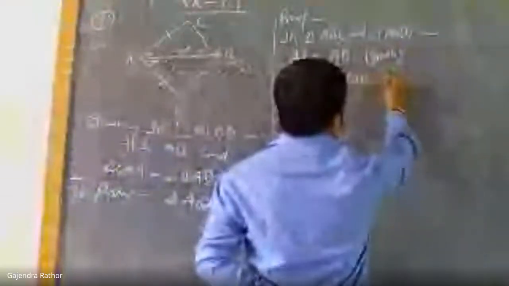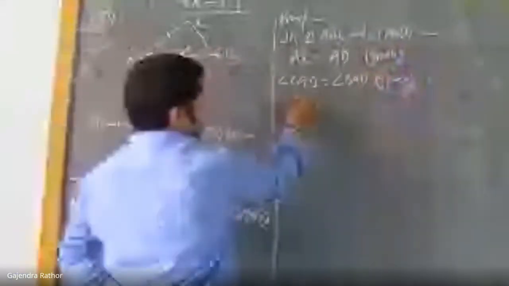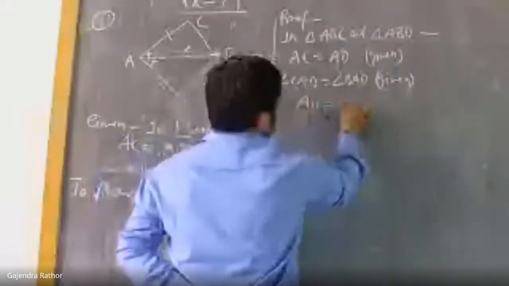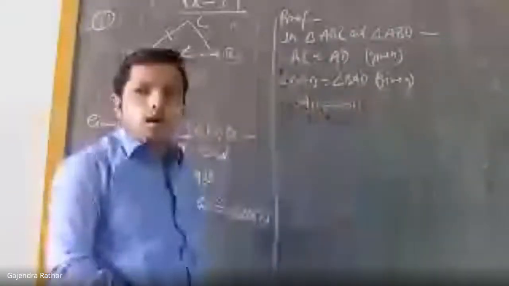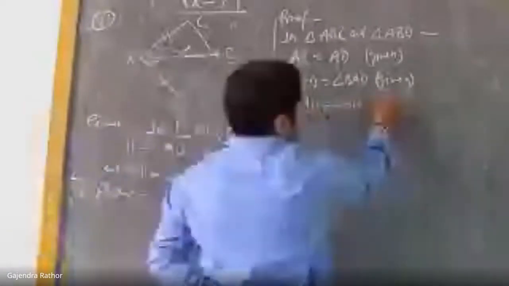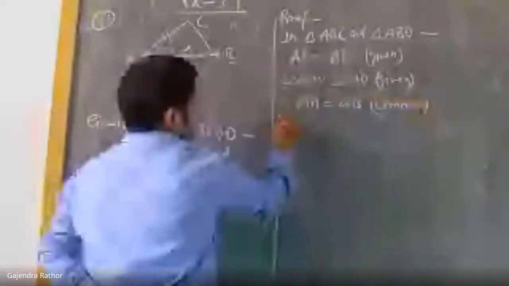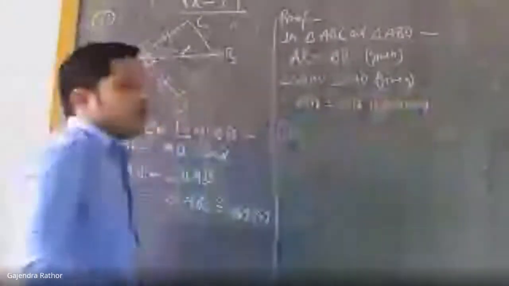It is also given. Now third part, AB is equal to AB. Why is this equal? Because this is the common line between these triangles. So this is common. So by which criteria should we use?